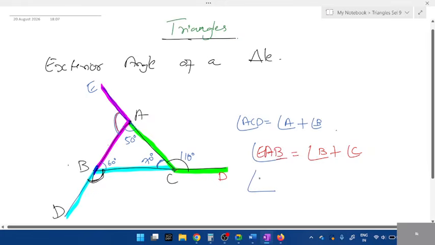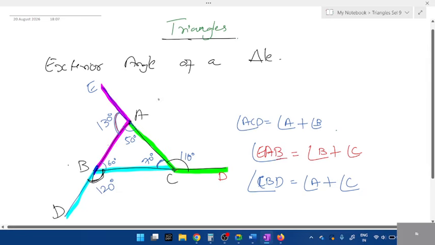All of you will respond. Shall I take DBC or shall I take CBD? Both are the same. So this will be equal to which one? Which are the interior opposite angles? Angle A plus angle C. So this is 120. Here it should be 130 degrees. And what is this, students? 50 plus 70? 120.